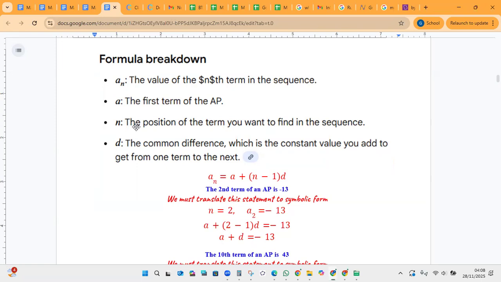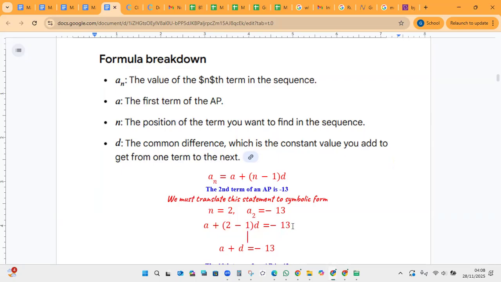Therefore A, we don't know what A is, plus 2 minus 1 times D, we do not know what D is, equals negative 13. When we simplify, D times 2 is 2D, D times minus 1 is minus D, and 2D minus D equals D. So A plus D is equal to negative 13.